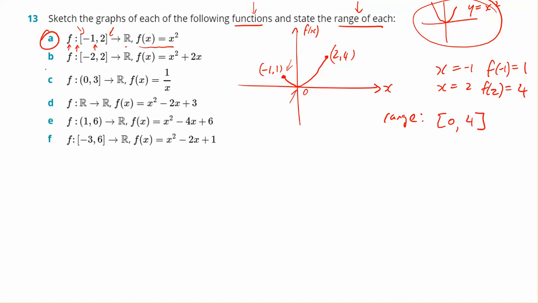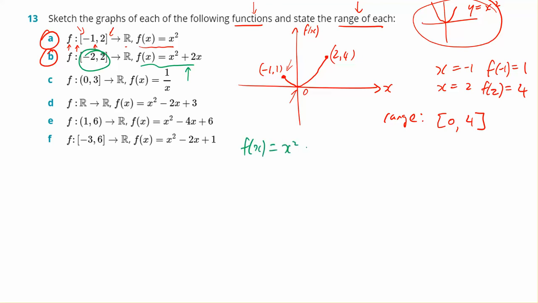So let's do another one. We'll do part B. Part B, it's another quadratic. So we've got f of x equals x squared plus 2x, and we've got a limited domain. Now, because this is another quadratic, but it's not a simple quadratic, you've got to do some work to find out the x and y intercepts and so on.